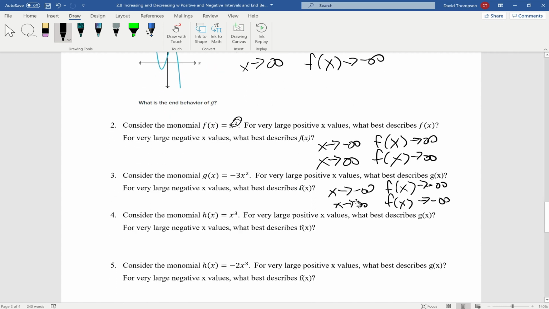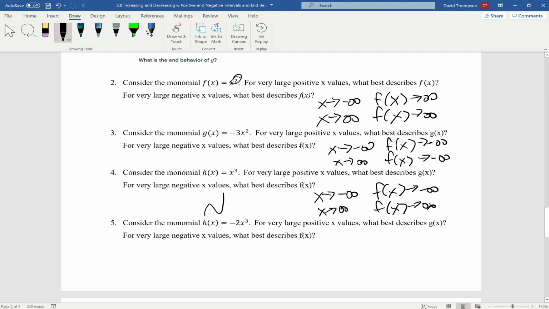Part 4, consider the monomial h of x equals x cubed, and we're doing the same thing, just find the end behavior. So remember the graph looks something like this. x approaches negative infinity, f of x approaches negative infinity. As x approaches positive infinity, f of x approaches positive infinity, and we're done.